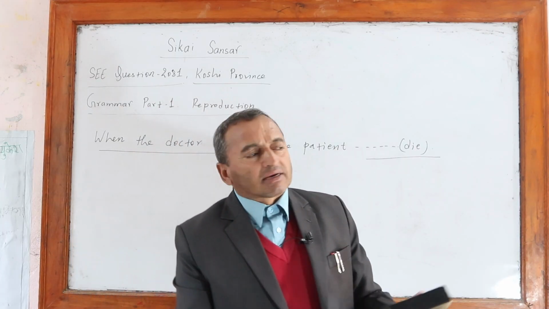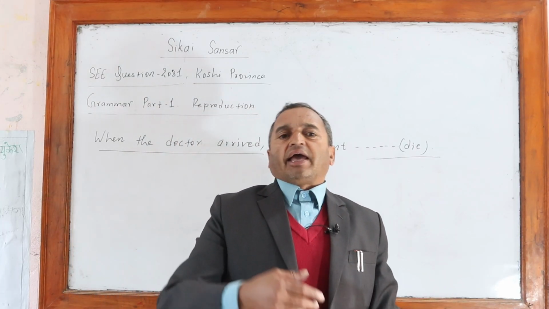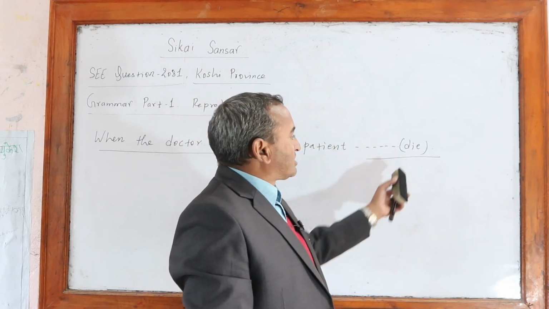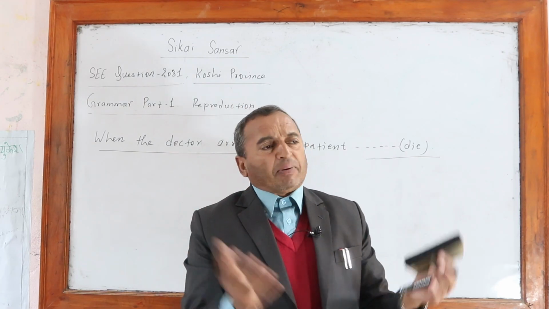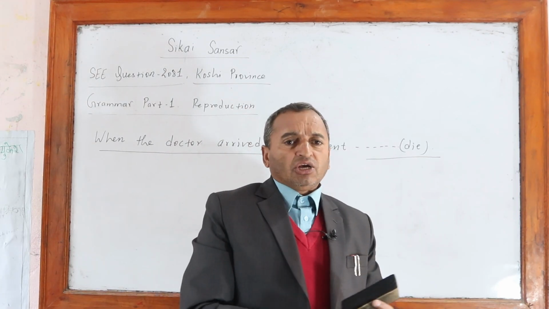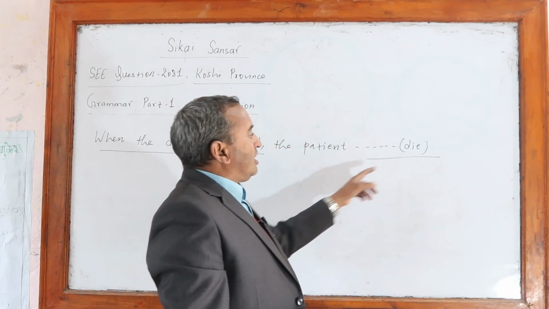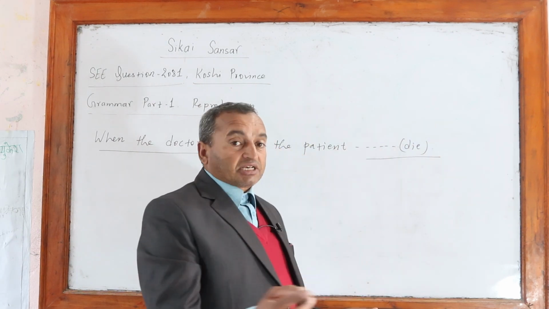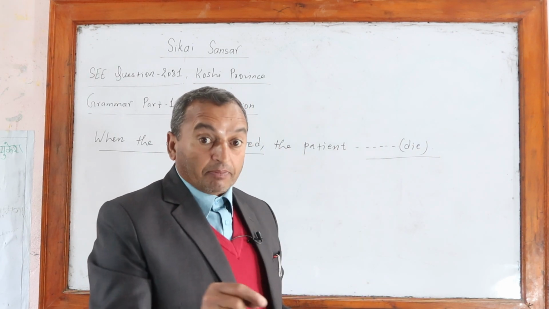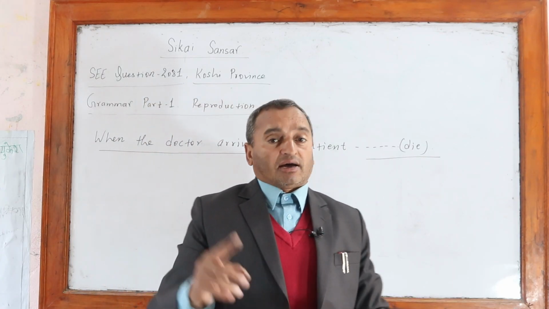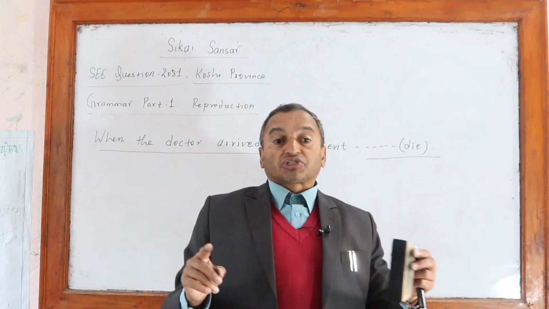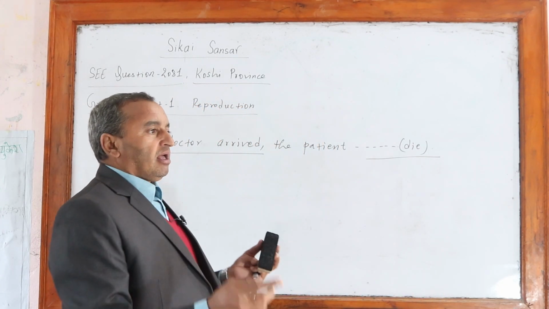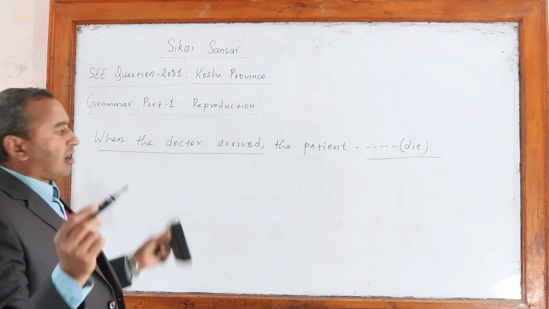So the doctor arriving and the patient dying are happening before and after. So when the doctor arrived, the patient had already died. So the dying of that patient should be written in past perfect because it had happened earlier than the doctor's arrival. So we have to write like this as we have done earlier.